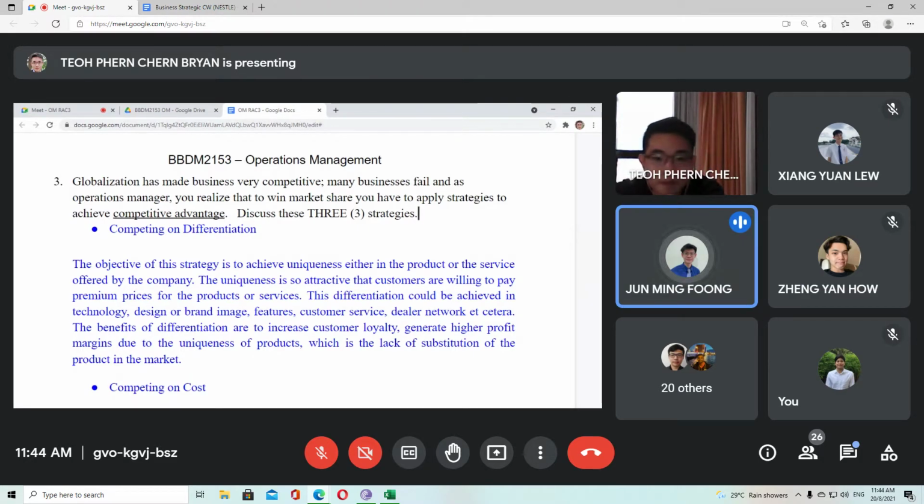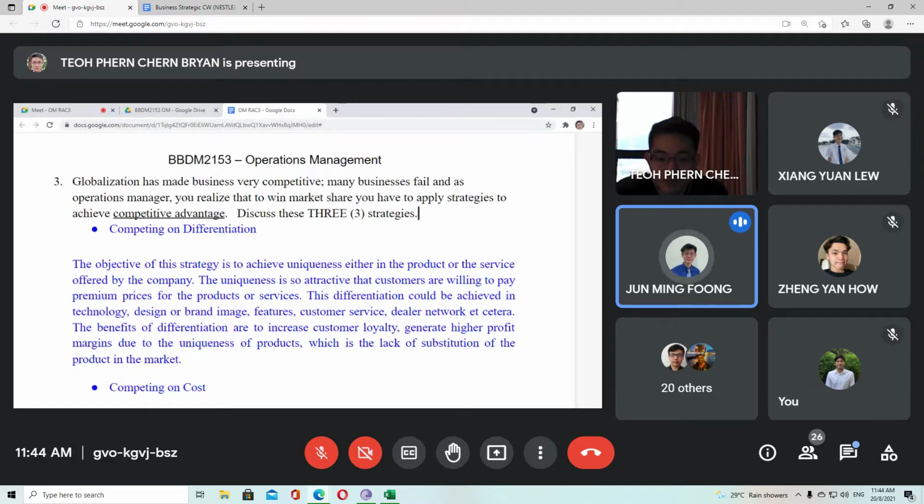So the first strategy is competing on differentiation. The objective of this strategy is to achieve uniqueness either in the product or the service offered by the company. The uniqueness is so attractive that customers are willing to pay a premium price for the product or services.